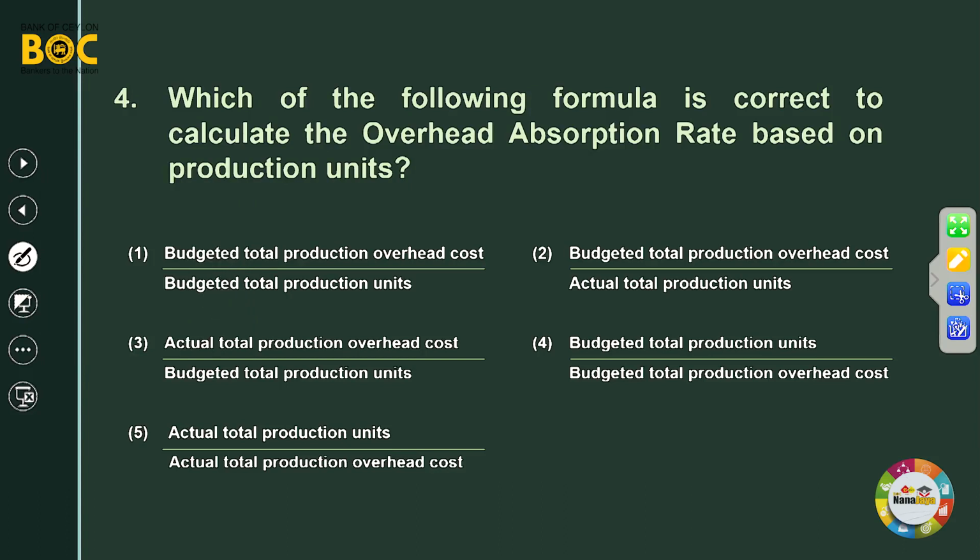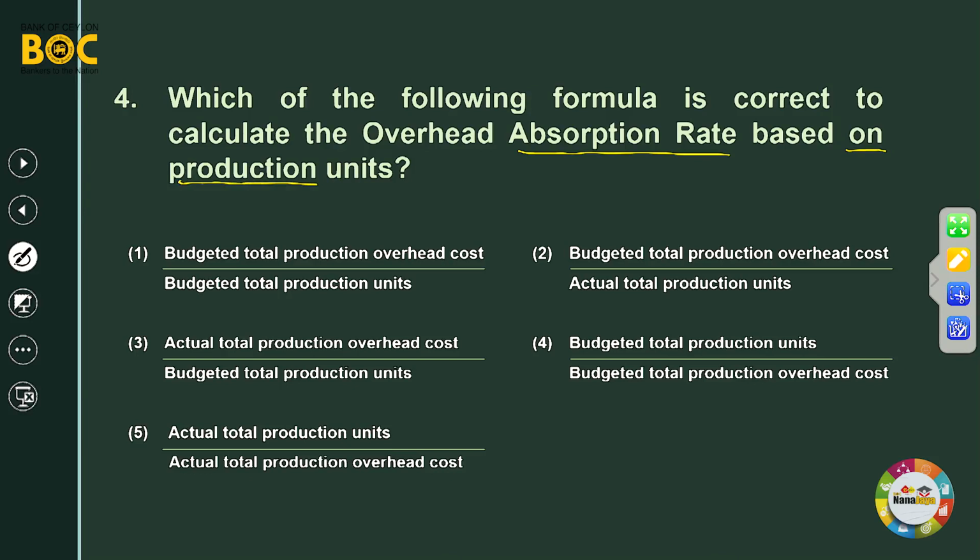Which of the following formulas is correct to calculate the overhead absorption rate based on production unit? So what's the formula to calculate overhead absorption rate?